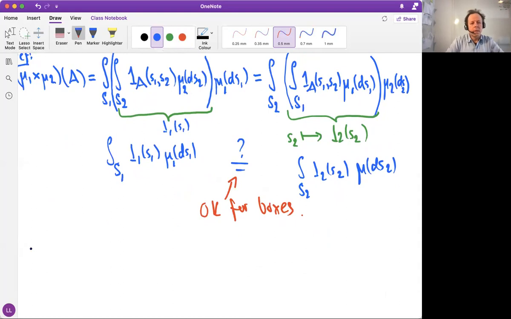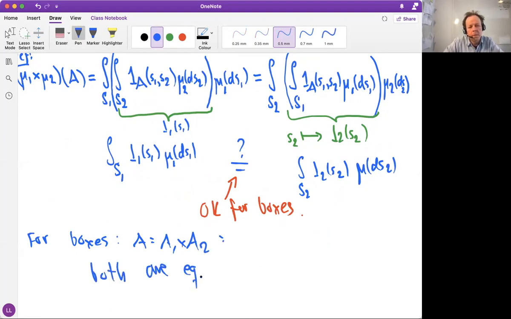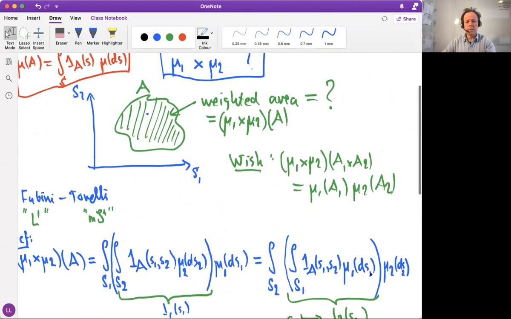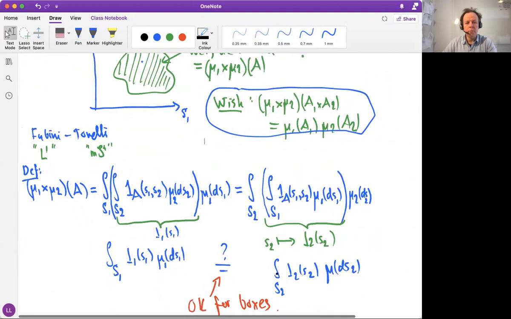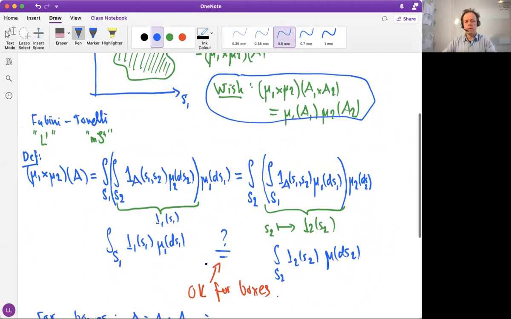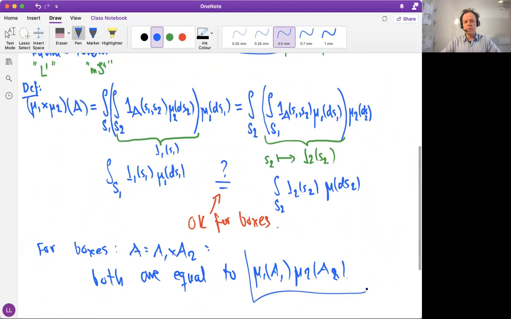So for boxes, both are equal to mu1 of A1 times mu2 of A2. Remember that this was actually our wish. If we go back here, we wanted that for rectangles, this is what we want. Now we have checked that, yes, the Fubini-Tonelli definition gives us what we want. For boxes, we get this, which is what we wanted.